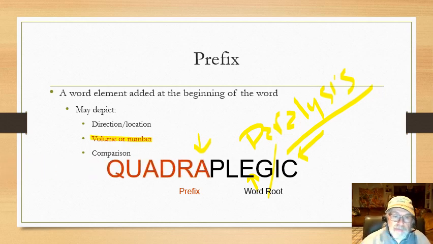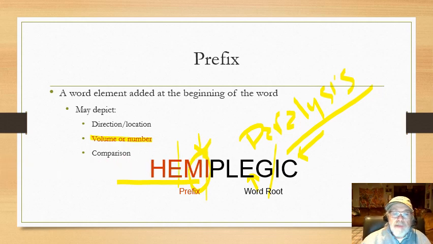Quadra means 4. So if someone was quadriplegic, it means that they have 4 limbs that are paralyzed. Because quadra, like quad we know, means 4. And again, here we have a prefix that ends in a vowel, so I don't need a combining vowel. Hemi means half.